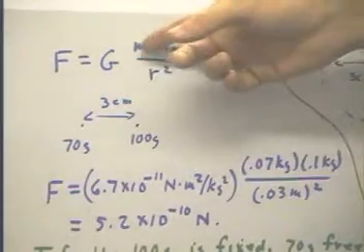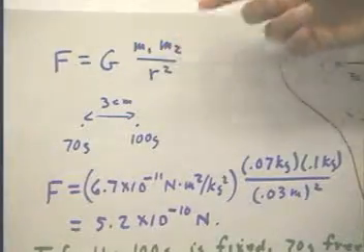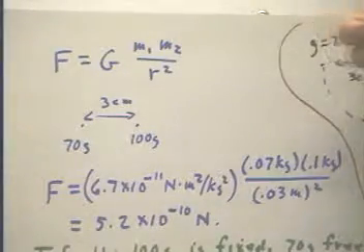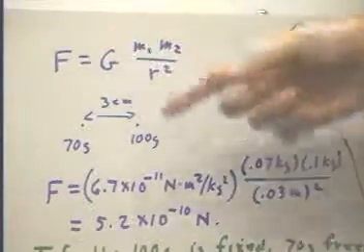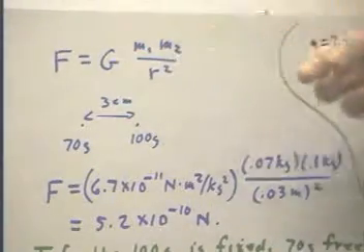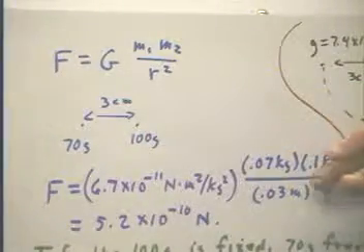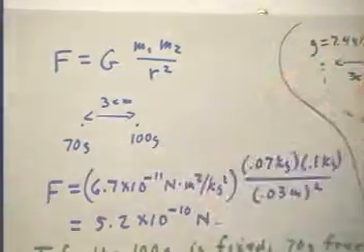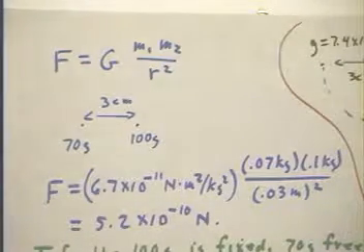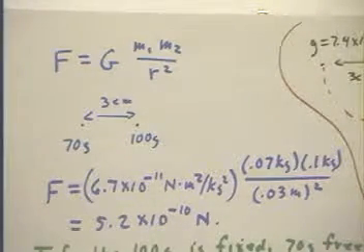Okay, so M1 is, let's say, our 100 gram mass, M2 is our 70 gram mass, R is the 3 centimeter distance between their centers, G is the universal gravitational constant. We just plug the numbers in and chug them out, and we get 5.2 times 10 to the negative 10th newtons, which is exactly what we got from the flux model.